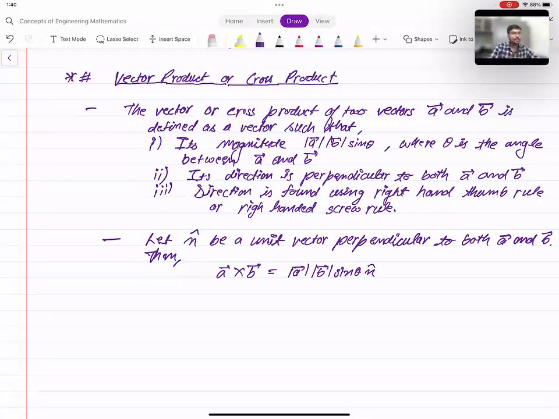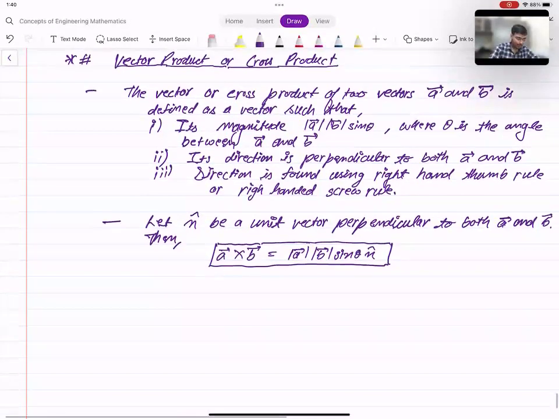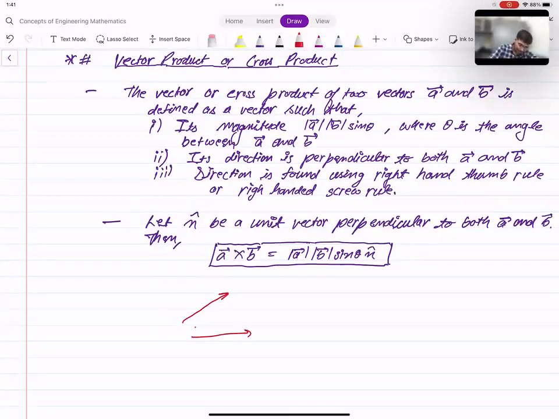So in this way, the cross product is represented. So let us see the geometrical interpretation also. How is it happening geometrically? So as I mentioned, suppose we have two vectors. Like this, say we have vector A and we have another vector, say vector B here.